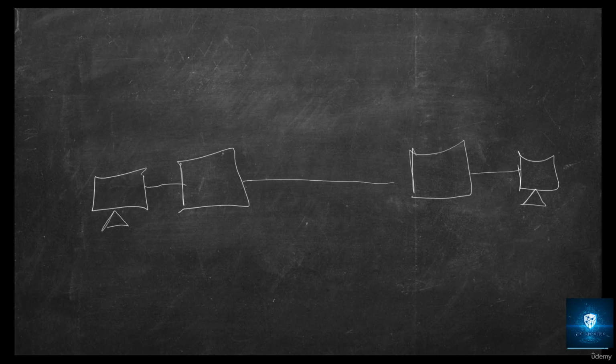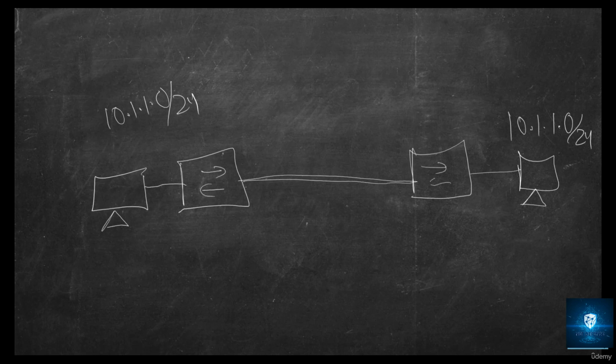These two are connected on the same network, 10.1.1.0/24, and this is also the same 10.1.1.0/24. Now the traffic is obviously not controlled here, and anybody on this network can reach anybody on this network. It's simple, through VLAN, through the switching concept.